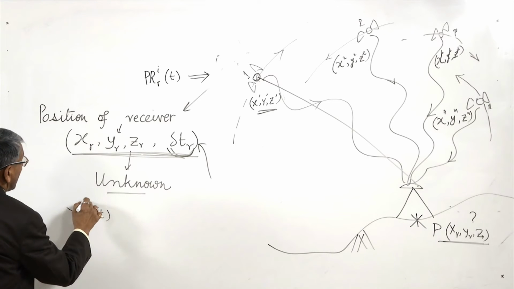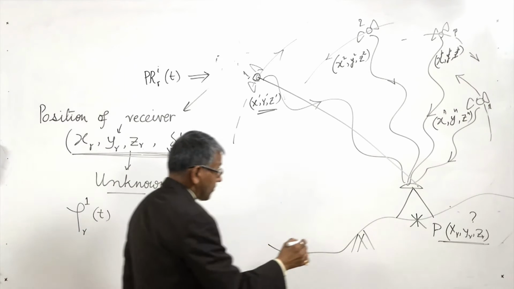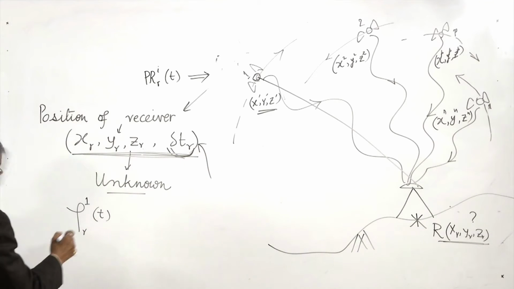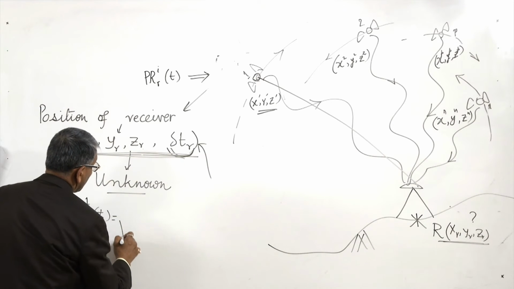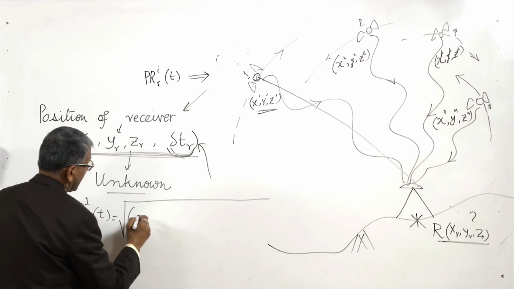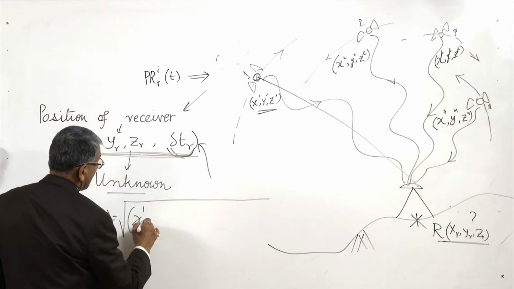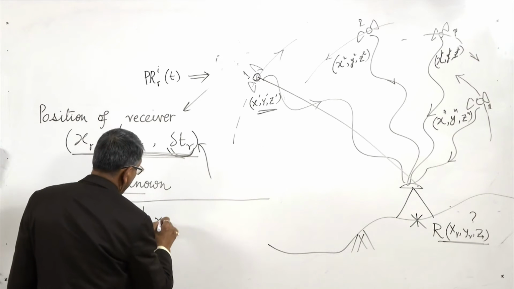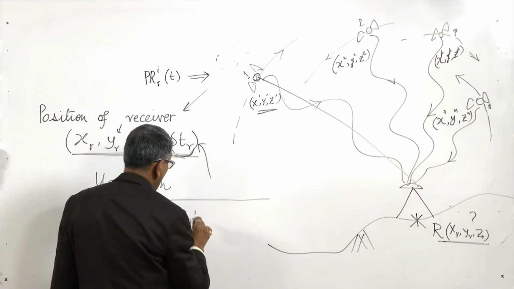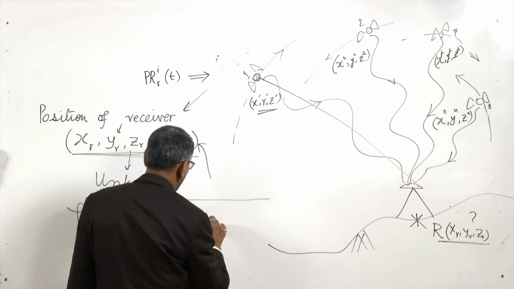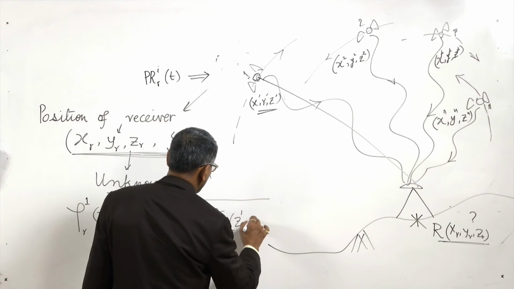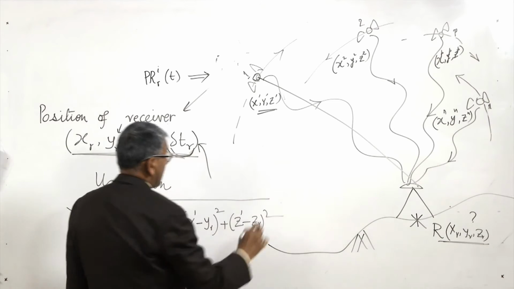suppose this is satellite 1 and receiver R. So you will have the equation: x superscript 1 minus xr, y superscript 1 minus yr, z superscript 1 minus zr.